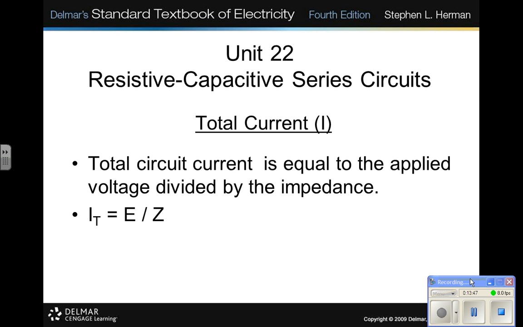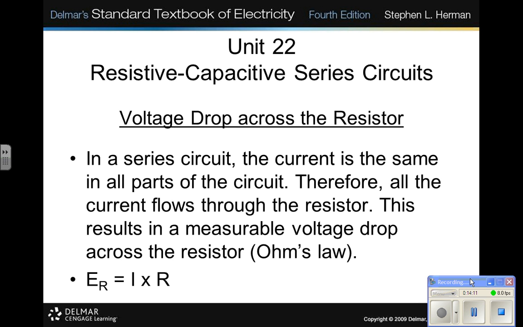Somebody say apparent power. It's not true power, is it? Because the impedance represents a capacitive or an inductive factor, which means that our apparent power is what power is coming in, and how much of that we turn into power is related to our power factor, right? Okay. Let's see, voltage drop across the resistor.